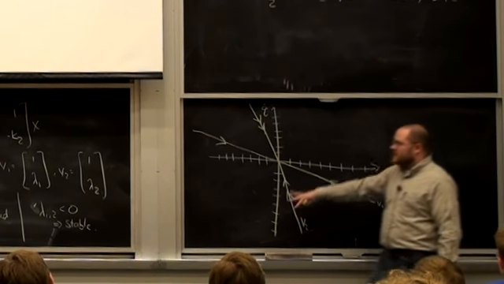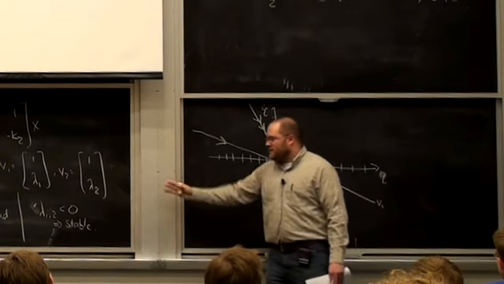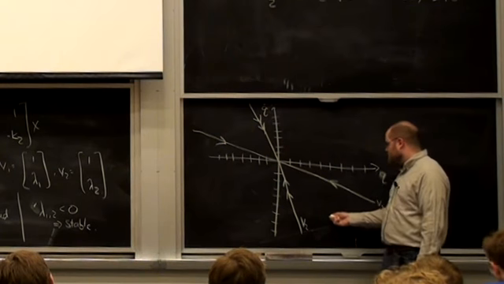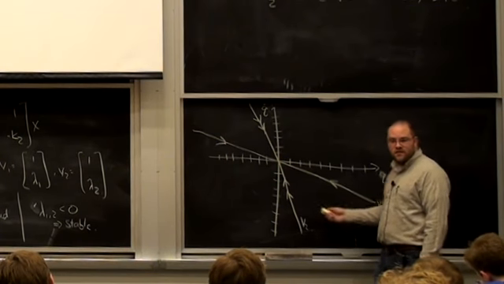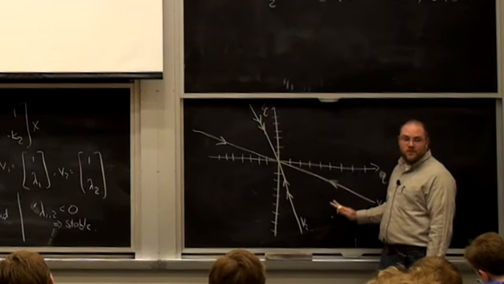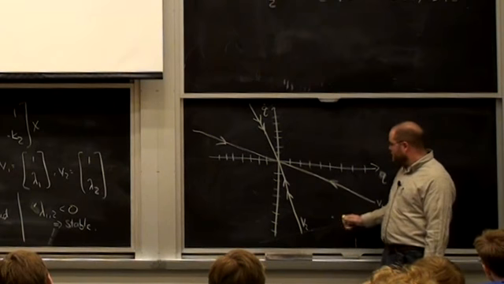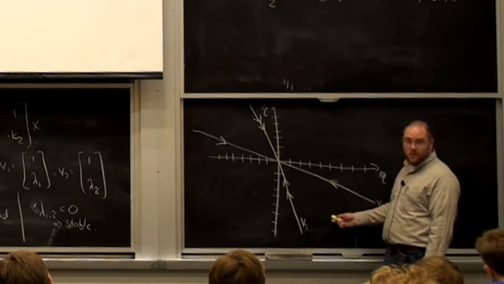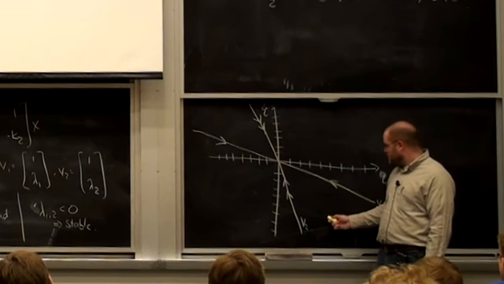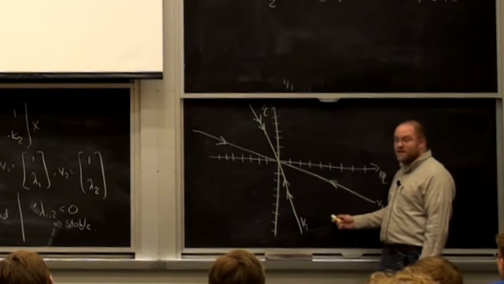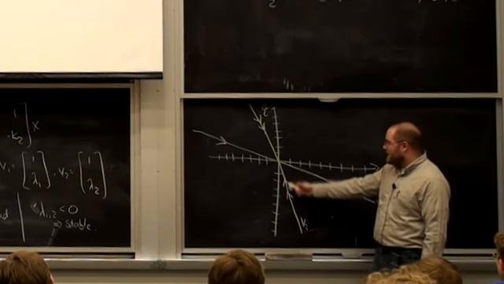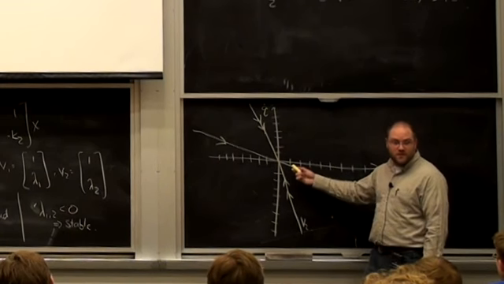When I don't have repeated eigenvalues, the eigenvectors span the space, so any initial condition of the system can be written as a linear combination of the two eigenvectors. And the dynamics from this point are just the exponential dynamics of the two components.